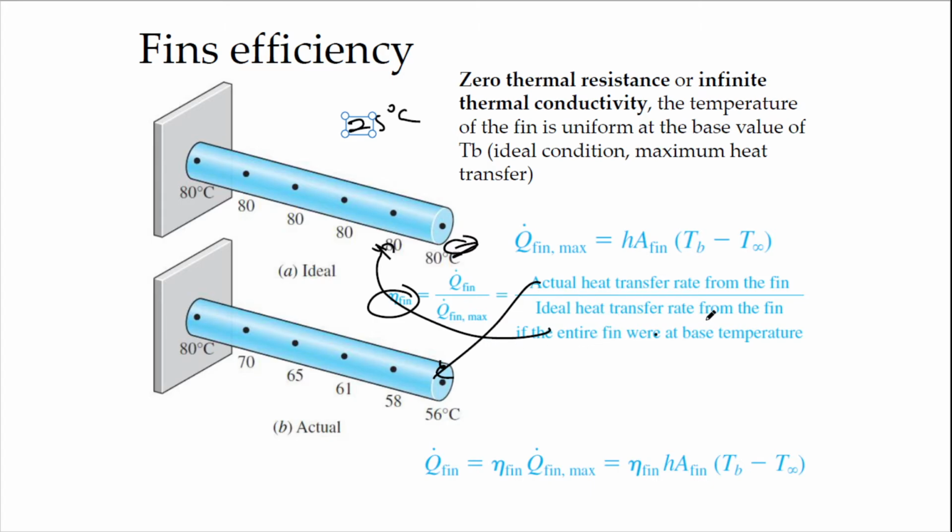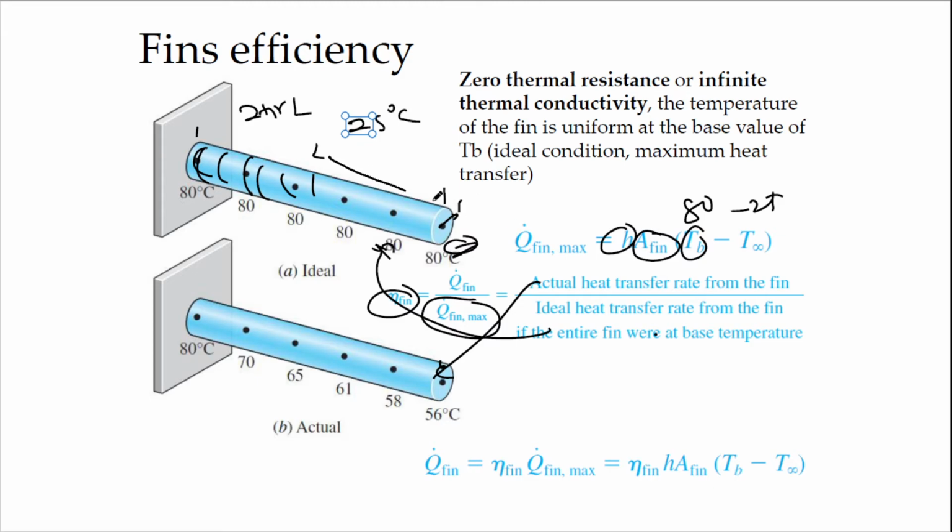Your ideal heat transfer rate is the maximum it can give, because everything is at a similar temperature. So you use T base, 80, minus 25, and A fin is the surface area of the fin. If you want to calculate this, it is 2 pi r L, where r is the radius and L is the length. This is the area of the fin, basically the maximum.